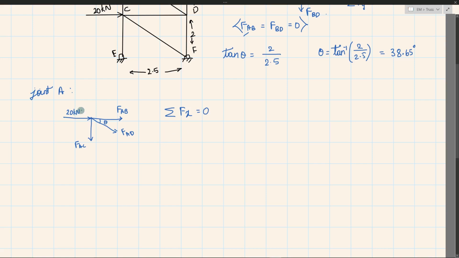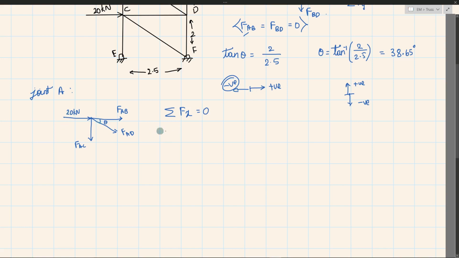So again, all the right moving forces will be positive and the left moving forces would be negative. Similarly, in the y direction, vertically upward I'll consider as positive, and vertically downwards I will consider as negative. It's not necessary that we have to use this sign convention. We can also use the other one, but we'll have to stick to it throughout, right?